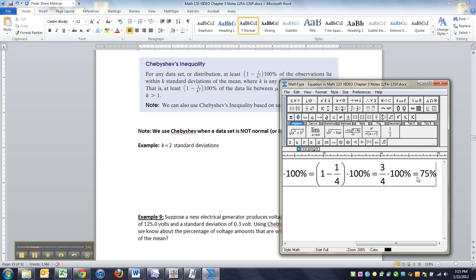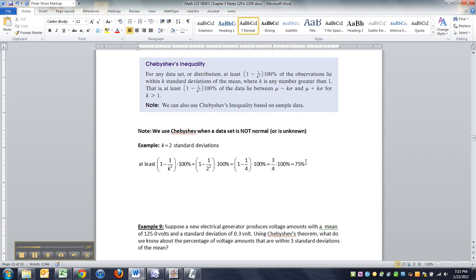And it will always be that way. You never have to do that calculation again. It's always 75% for 2 standard deviations. And I'm just going to let you know for 3 standard deviations, it would be 1 minus 1/9, which is 88.9%.